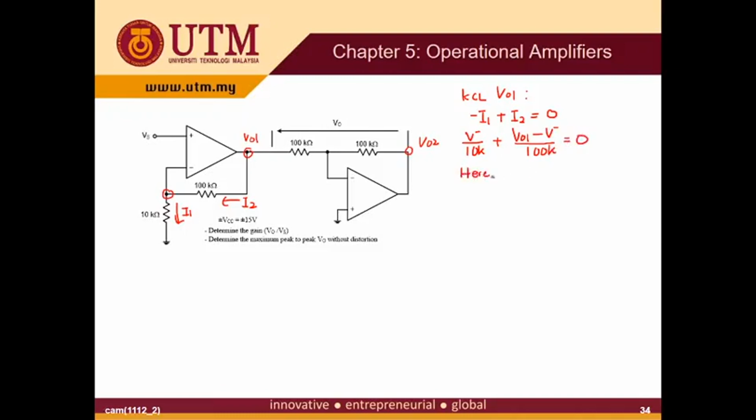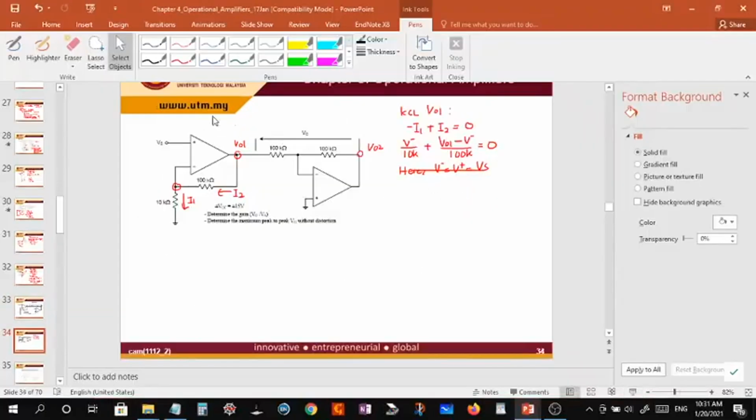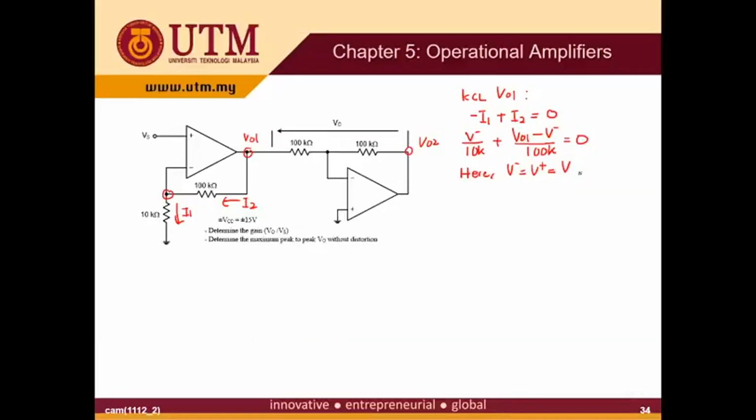And here V minus is equal to V plus is equal to Vs. So this is Vs over 10K plus V out 1 minus Vs over 100K equal to 0. Eventually you will get V out 1 equal to 11 Vs. This is the equation for V out 1.